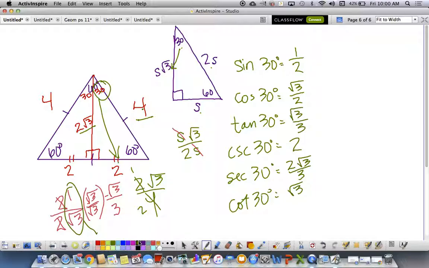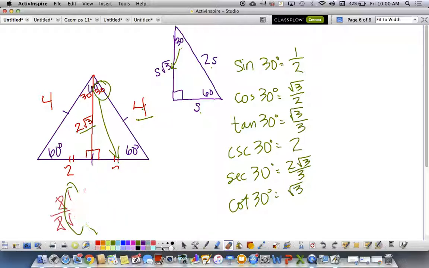Okay. Now, are you ready to answer some more questions? Do we have another angle up here? Would it be okay with you guys if I erase some of the extras? So what is sine 60 degrees?